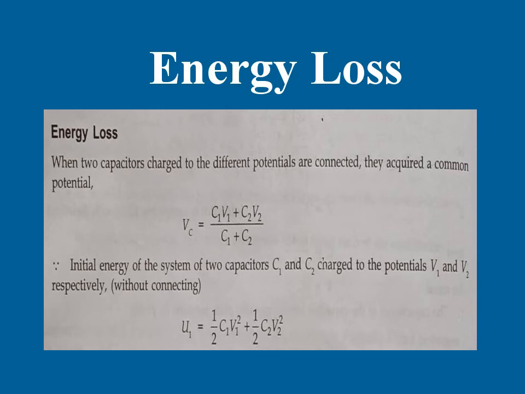Now here we consider two capacitors. Observe in the slide, the initial energy of the system of two capacitors C1 and C2 charged to the potentials V1 and V2 respectively. Here we consider the first case, without connecting. What is the formula for U1 for C1? U1 is equal to half C1 V1 square.